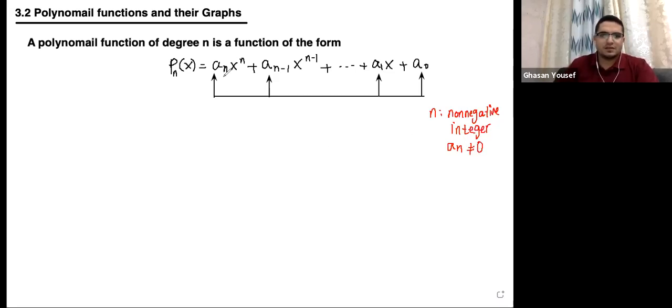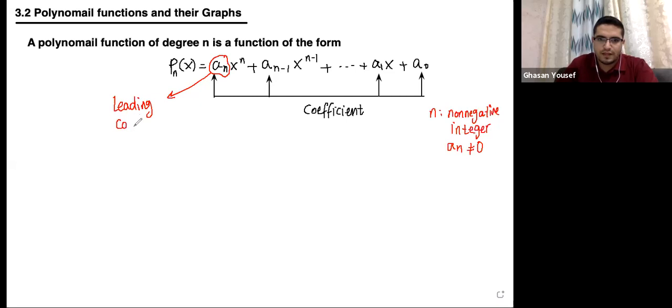Okay, so a n to a0, all of them are called coefficients. This a0 is called the constant coefficient. And here a n is called the leading coefficient. Only this a n is called the leading coefficient.